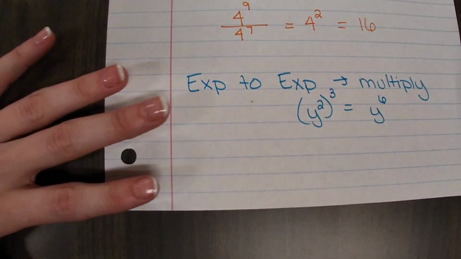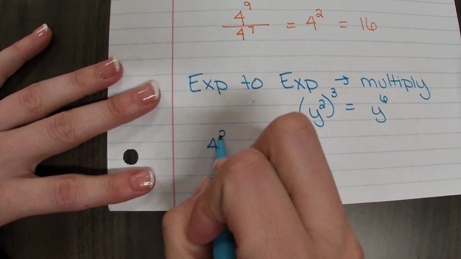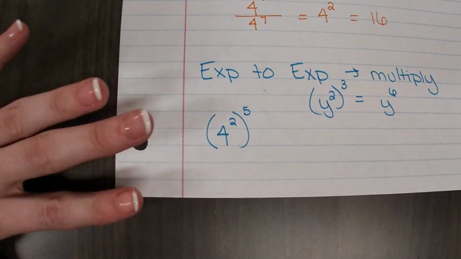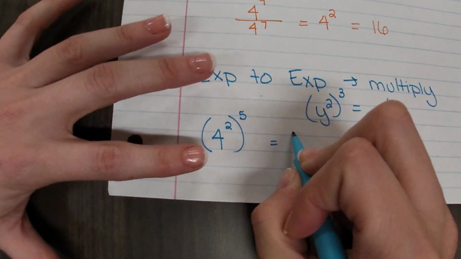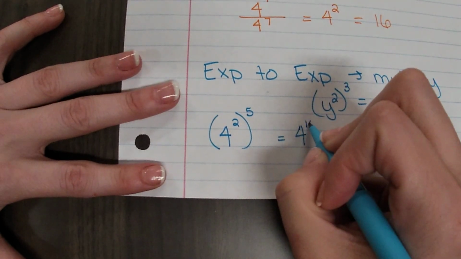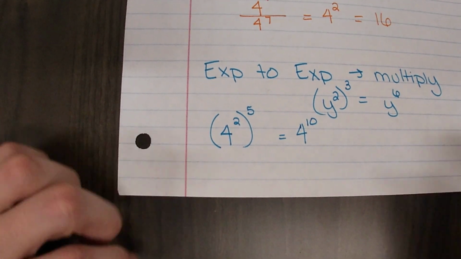So if we have something like 4 squared all to the fifth, we will get 4 to what exponent? To the 10th. 5 times 2 gives us 10, and we should have picked 4 to the 10th power.